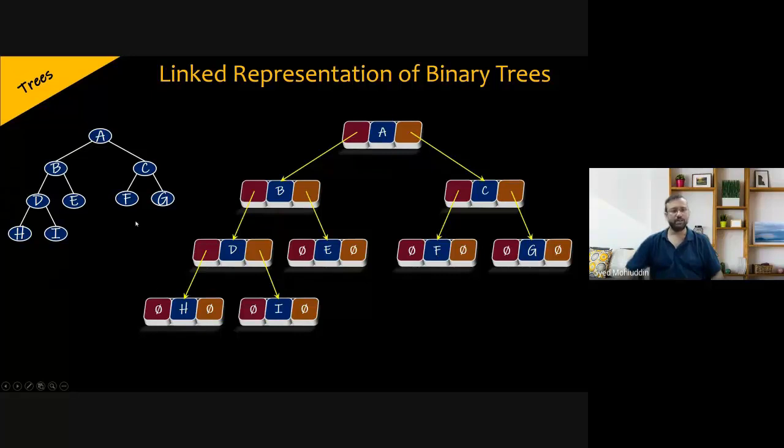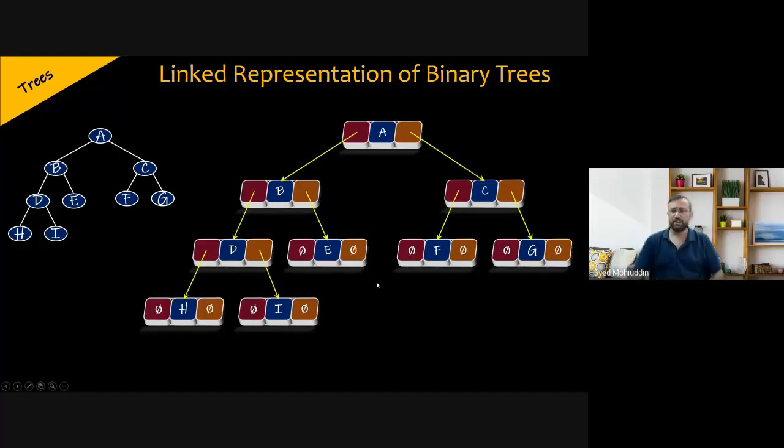There might be cases where we have only one child, left or right. In that case, there will be a link from the parent node to that child, and whichever child is not present, that address will be null. So this is the linked representation of binary trees.